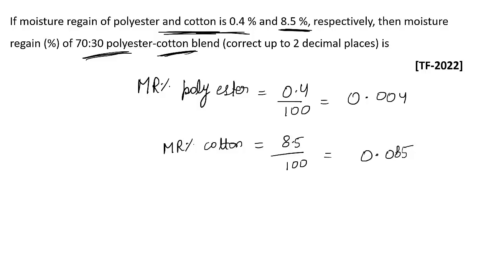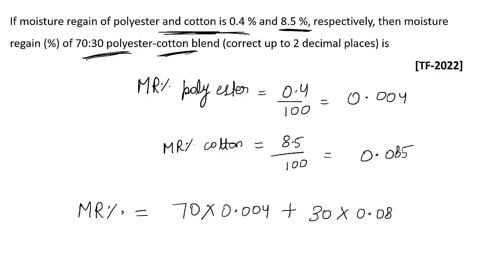Since it is a blend of 70 is to 30, the moisture regain of the blended fabric is: polyester is 70%, so 70 into moisture regain of polyester 0.004, plus 30%, it is cotton, so 30 into 0.085, upon total mass, which is 70 plus 30, it comes out to be 100 into 100%.